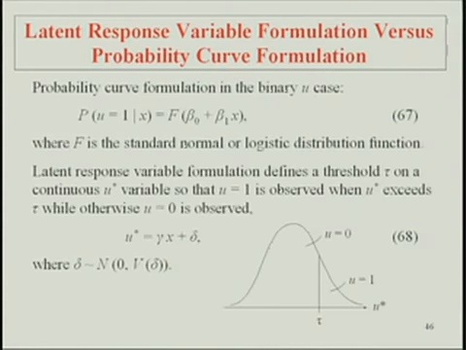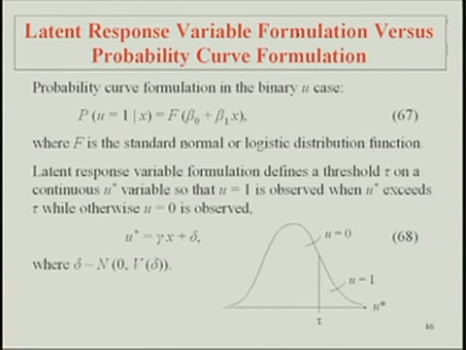And what we're going to find is that having a normal distribution for this residual of the u star, the latent response variable, gives you the probit regression. Same thing as probit regression. And if the residual delta is assumed to have a logistic density, it gives you logit regression. Just another way of thinking about it.